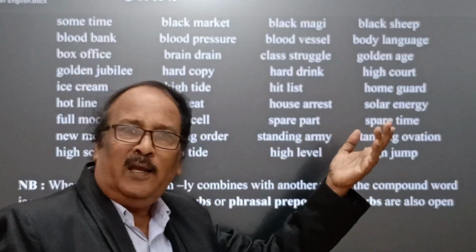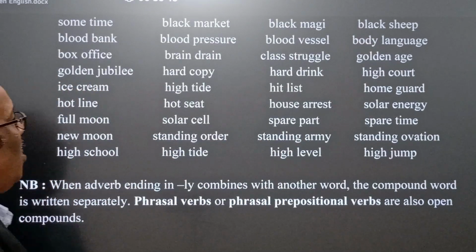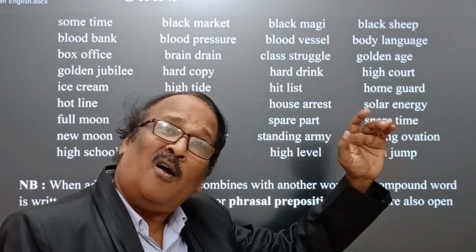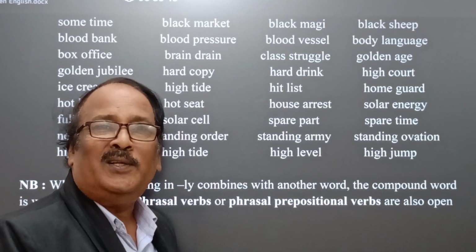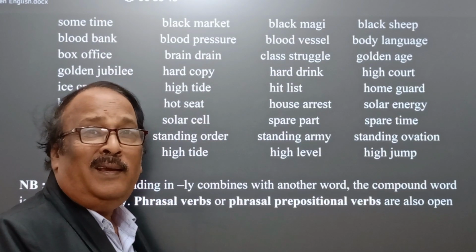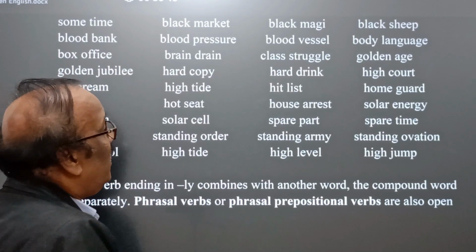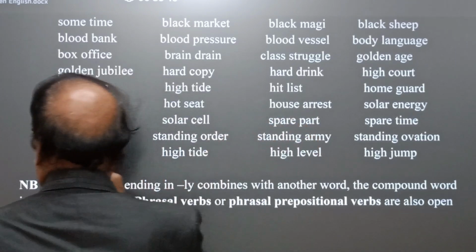Now they are connecting or communicating on hotline. Yes, hot seat. That is KBC, Kaun Banega Crorepati. Hot seat: the person who is sitting before Amitabh Bachchan is now sitting in a hot seat. Yes, hot seat. And house arrest. House is a noun, arrest is also a noun.